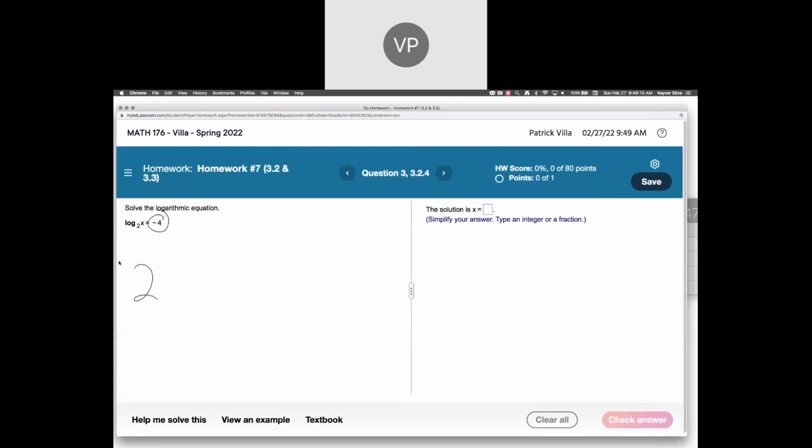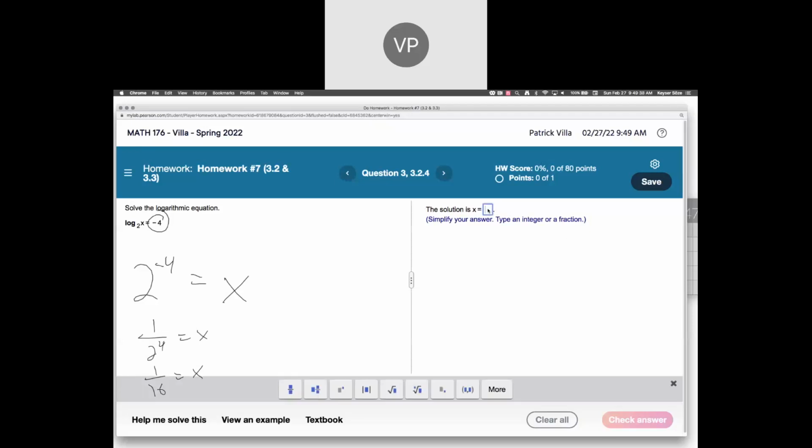Well, my base is 2, so I put that power on there, and it equals whatever's left, in this case, the thing inside the log, which is x. So that's what I have to do to solve. I'm just converting forms from log form to exponential form. Then, of course, you have to remember what that means, and that should mean 1/16 is equal to x. And that's all we have to do on this problem.